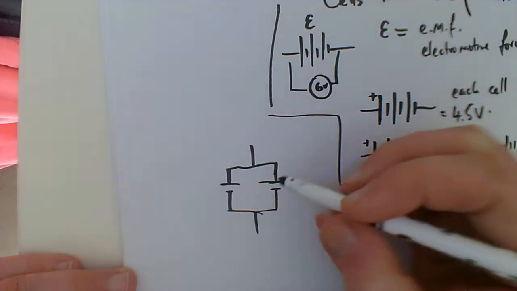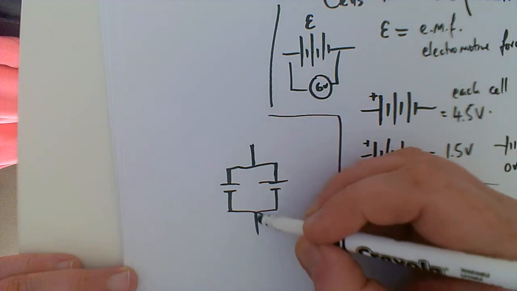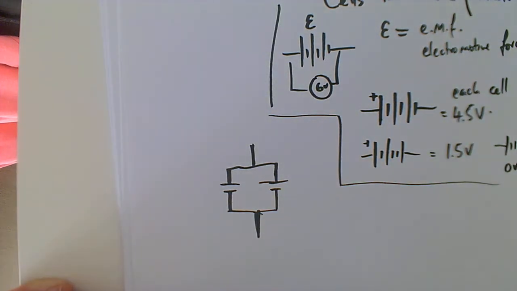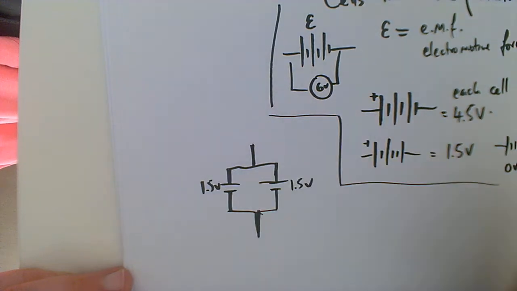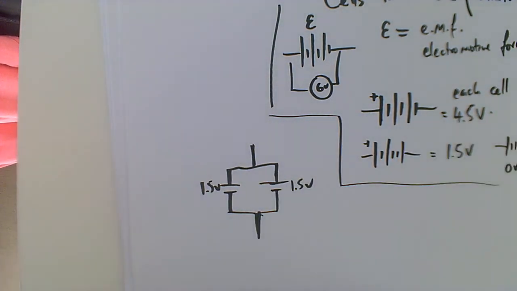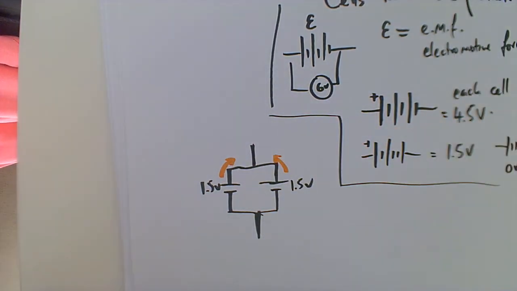Now for a reason I don't want to necessarily go into yet, because we haven't learned about internal resistance. If that's 1.5 volts there, and that's 1.5 volts there, what would you reckon it would be? Well, there is a push from this cell going that way, and a push from that cell going the other way.